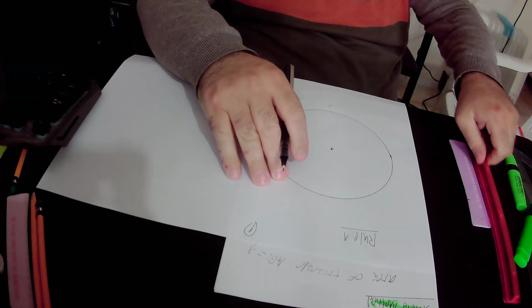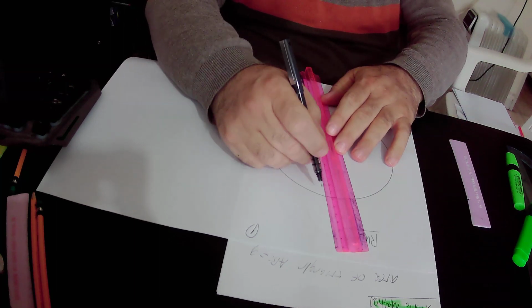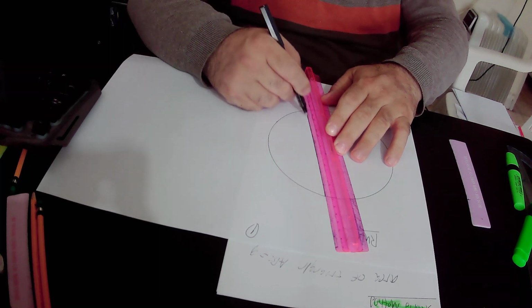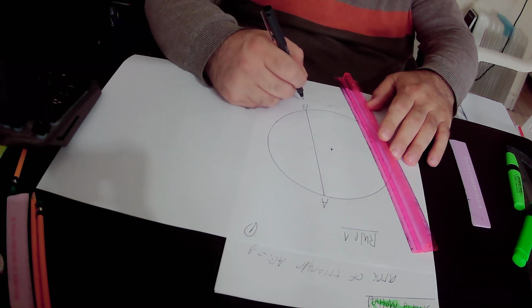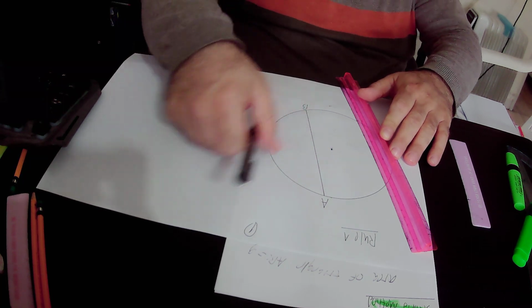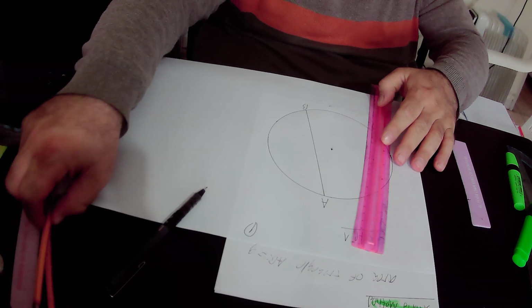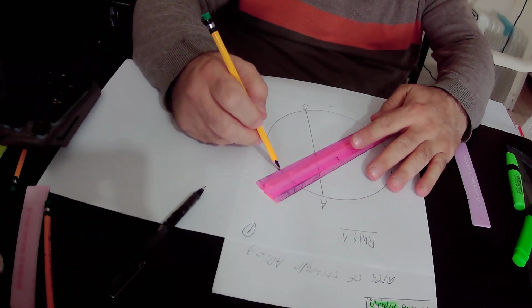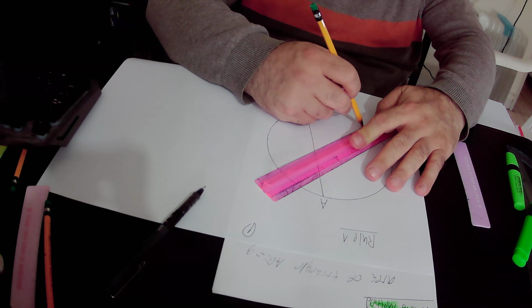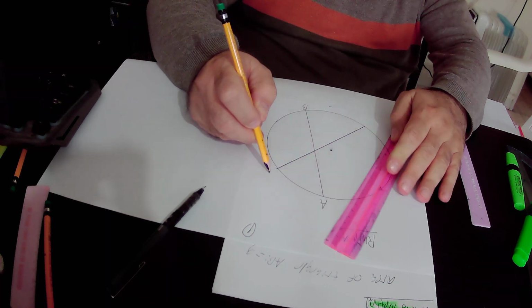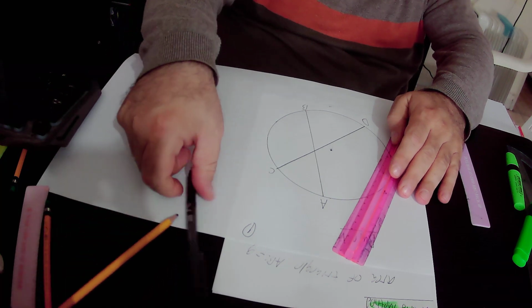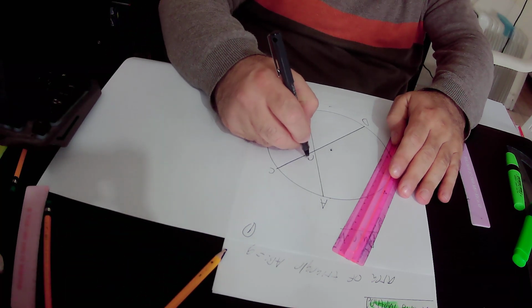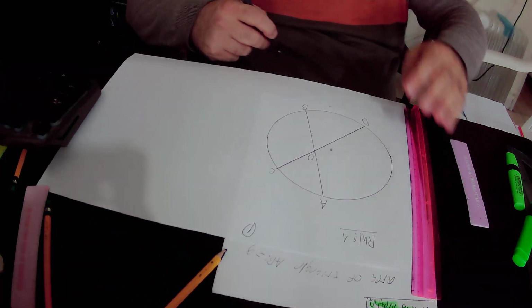Here, if chord AB, this is chord AB, intersects with chord CD, this is chord CD, at point O. Point O is the intersection point of chord AB with chord CD.